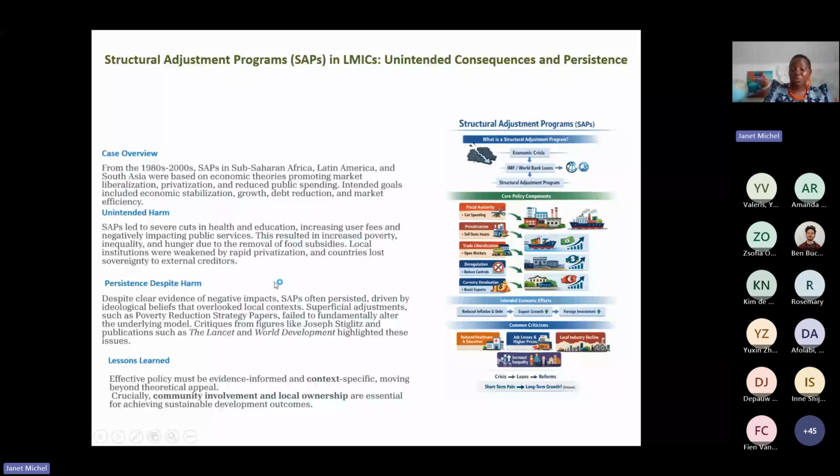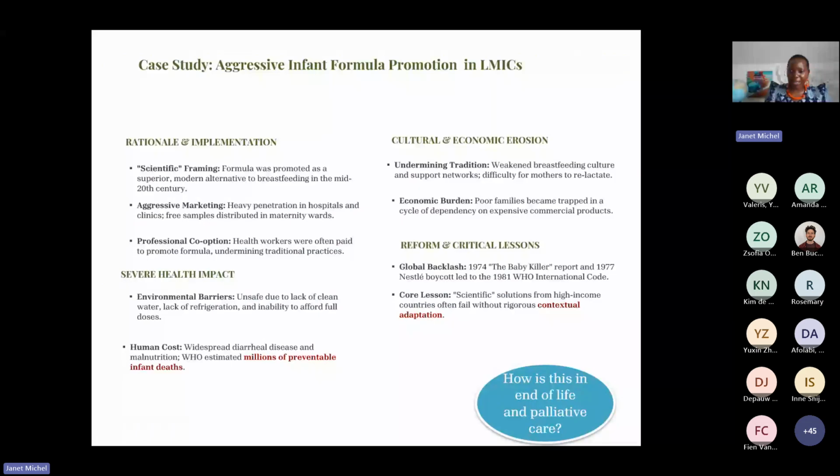There's another program, which was the aggressive infant formula promotion in low and middle income countries. They formulated this as formula being a modern alternative to breastfeeding. There was aggressive marketing. Some professionals were actually paid to promote this formula.